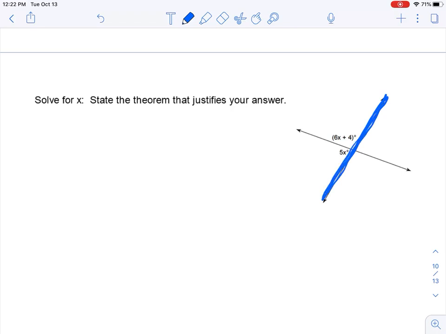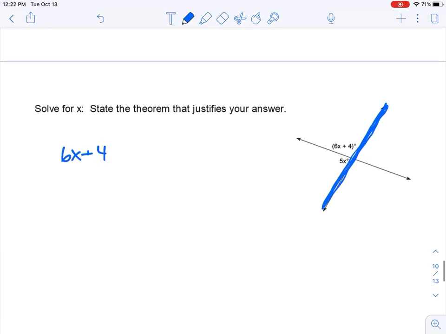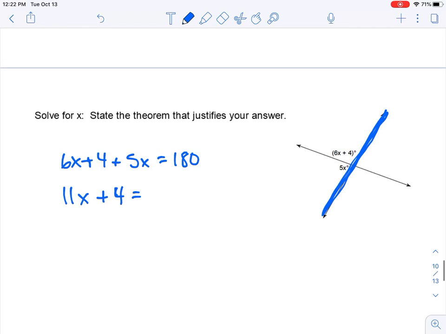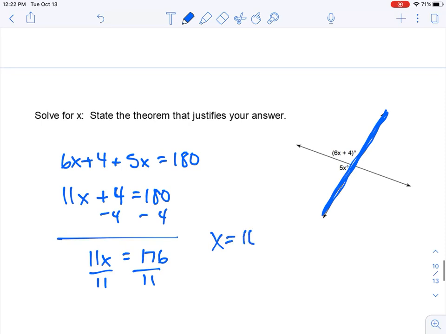I notice they are on a line, so we are going to add and equal them to 180. And then we go ahead and solve. We solve and x will equal 16.